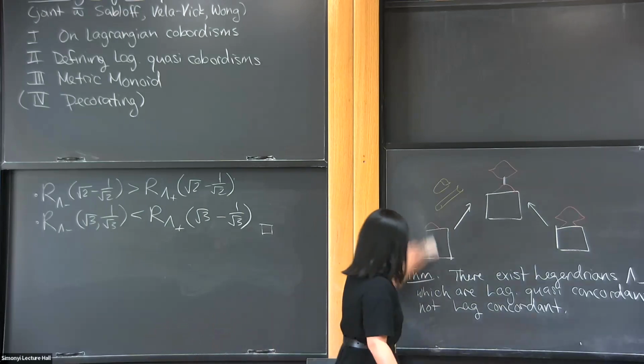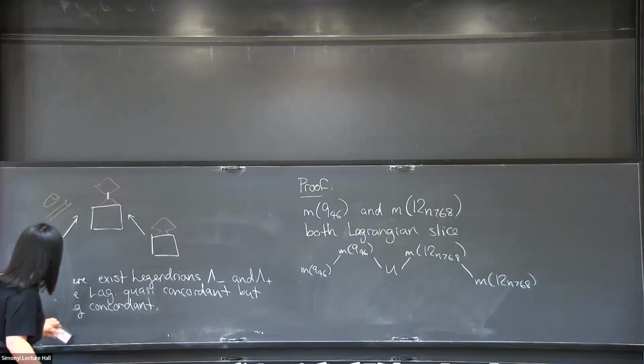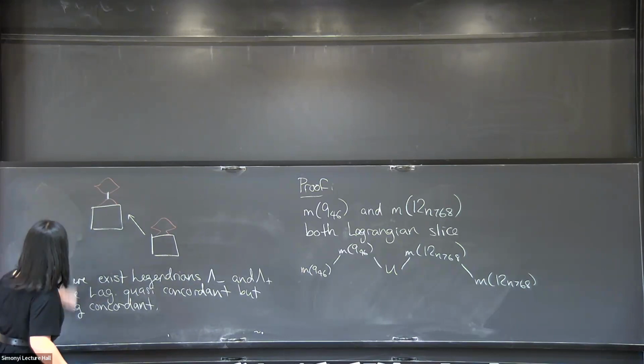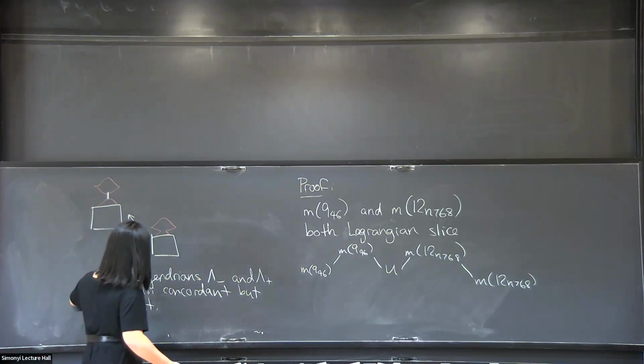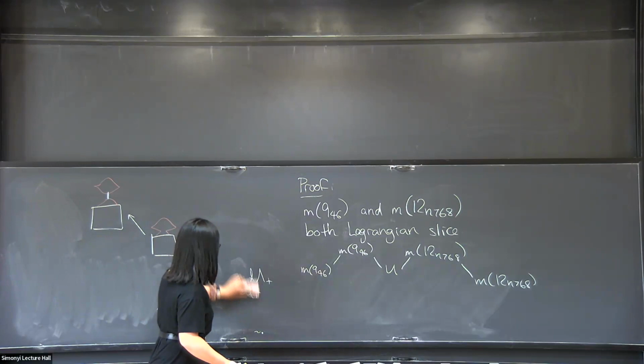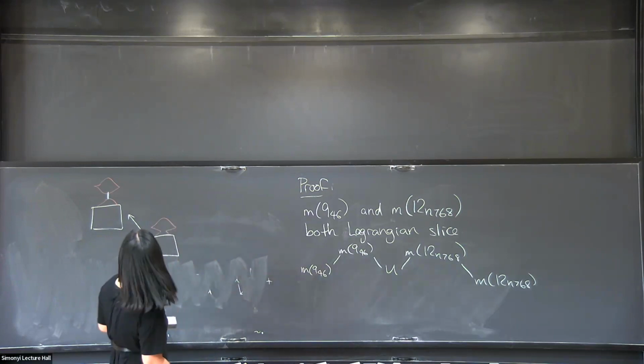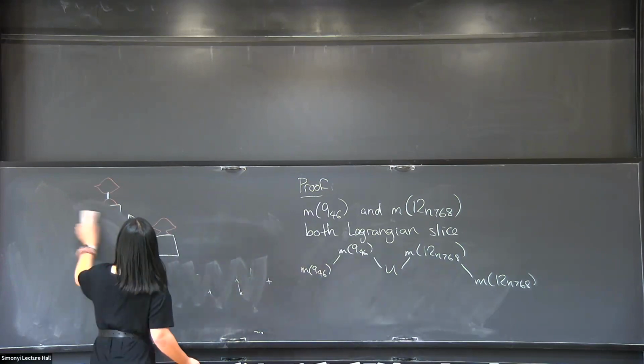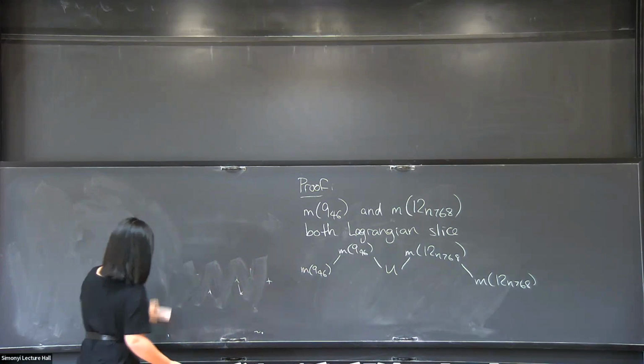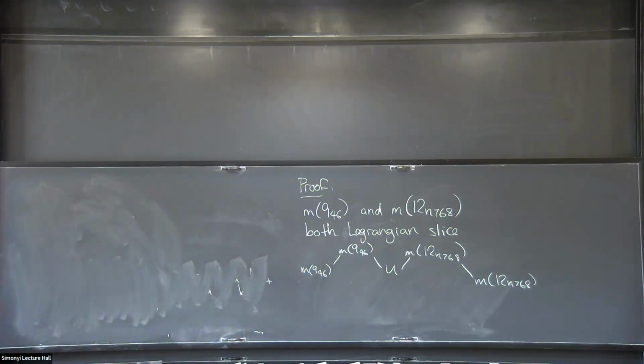And the next thing that I'm going to do is define this notion of minimal genus. So we are now at part 3.